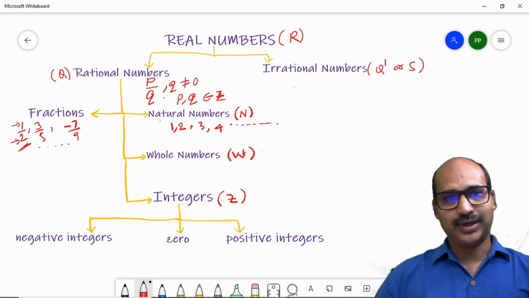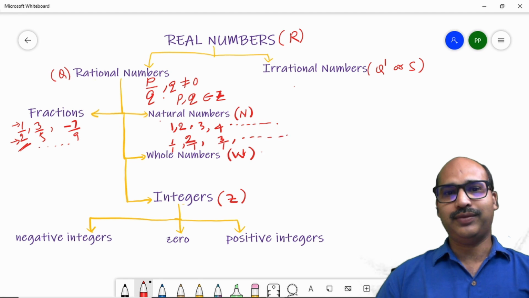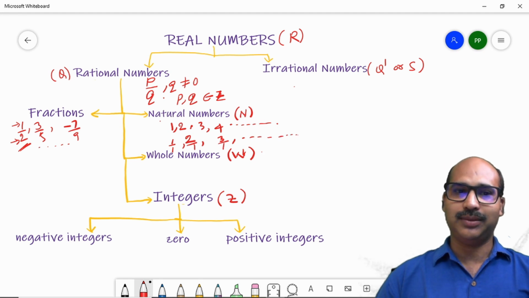Yes. 1 can be written as 1 by 1, 2 can be written as 2 by 1, similarly 3 can be written as 3 by 1. Everywhere we can keep the denominator as 1, which is nothing but Q, which is not equal to 0.